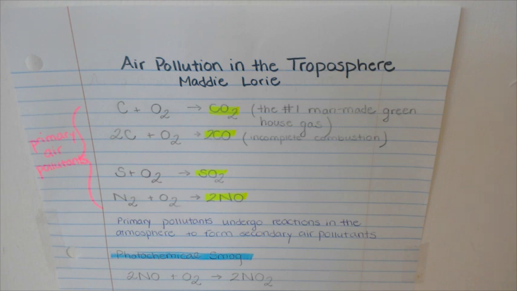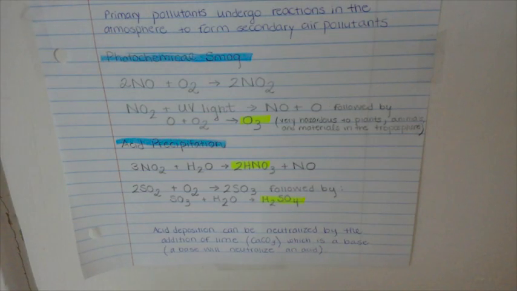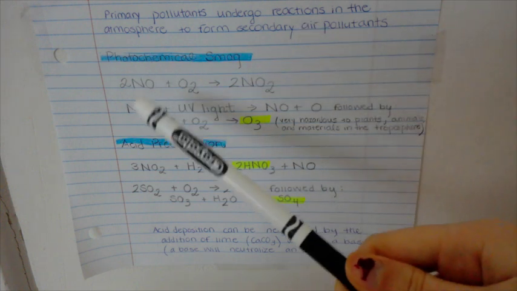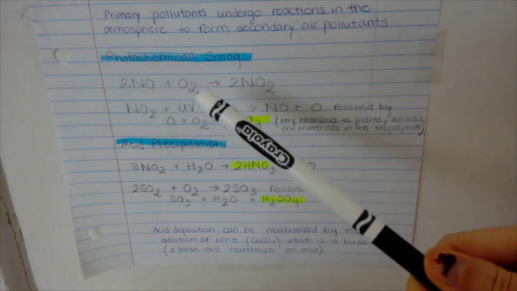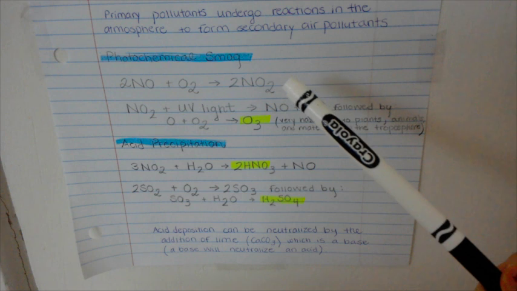So when primary air pollutants undergo reactions in the atmosphere, they form compounds known as secondary air pollutants. Your two main secondary air pollutants are photochemical smog and acid precipitation. Photochemical smog arises when nitrogen oxide reacts with oxygen in the atmosphere to form nitrogen dioxide.